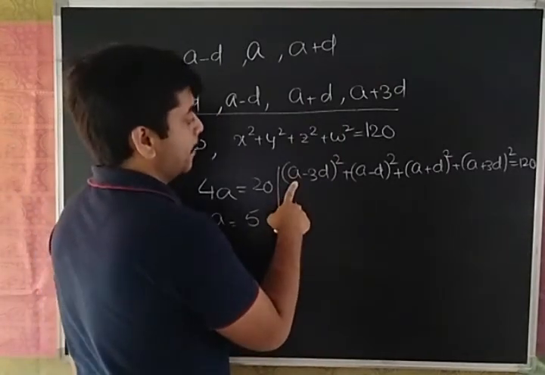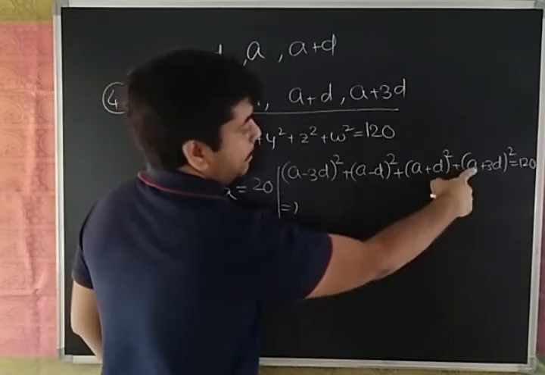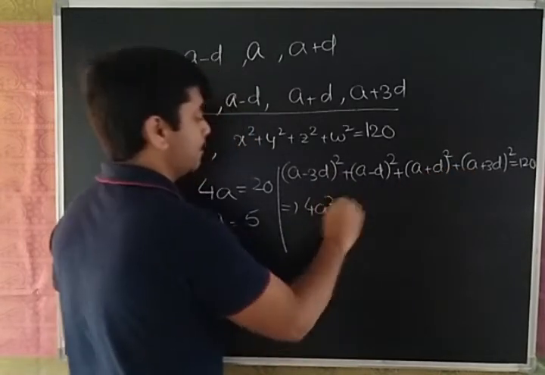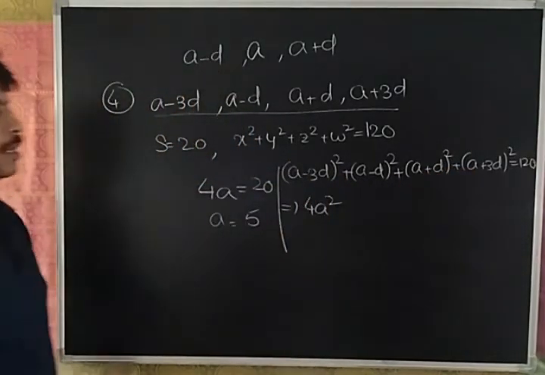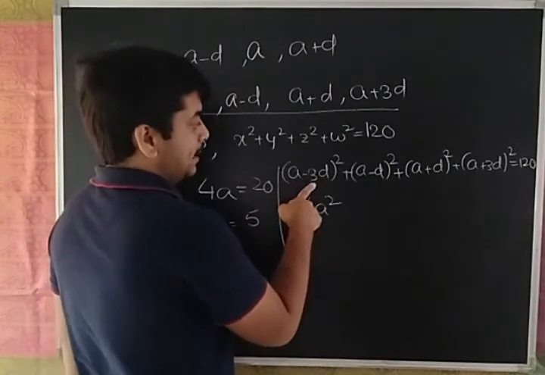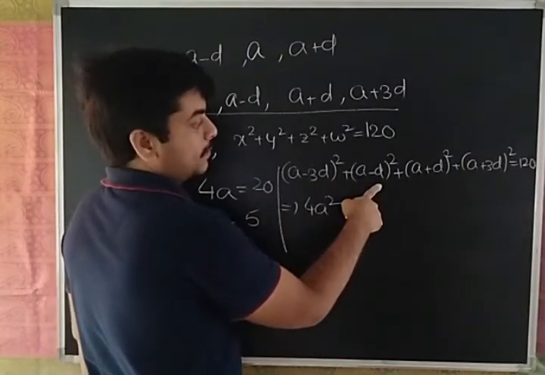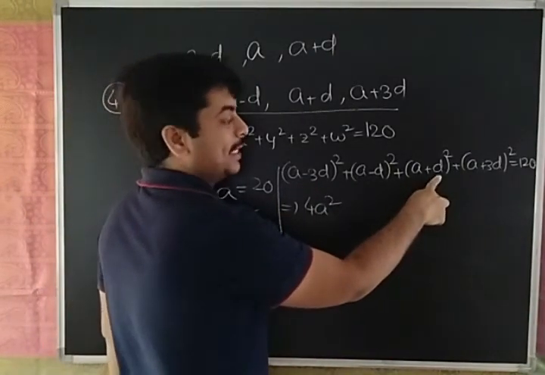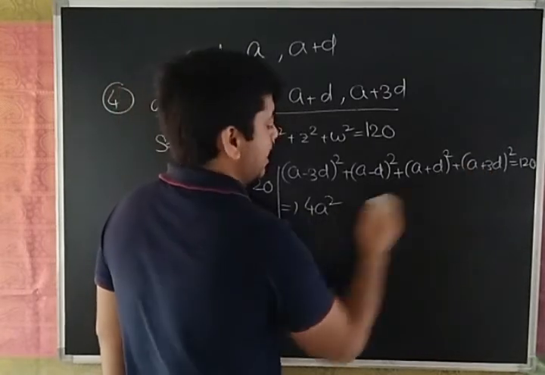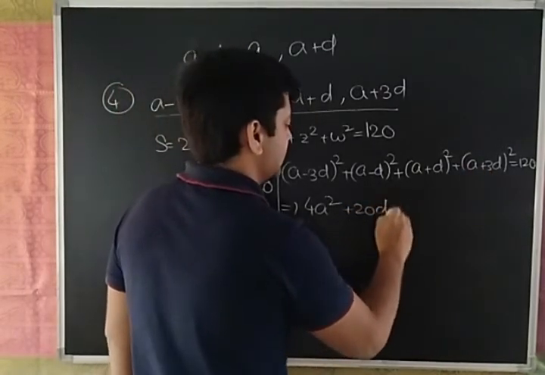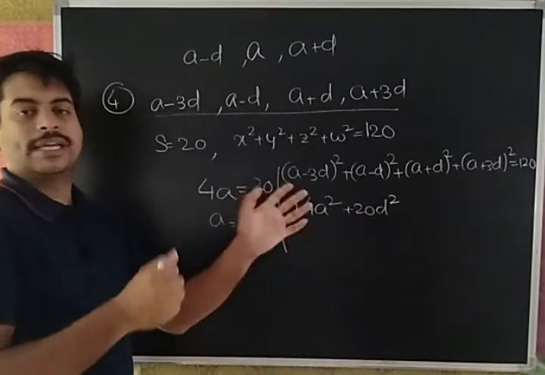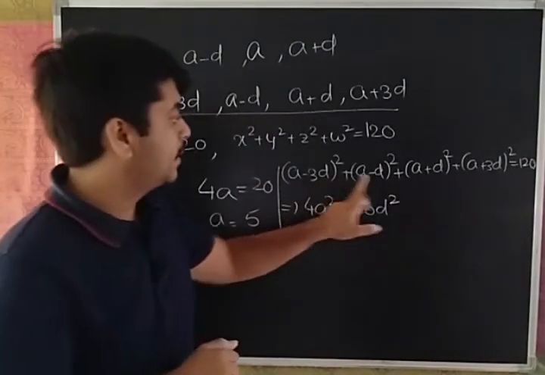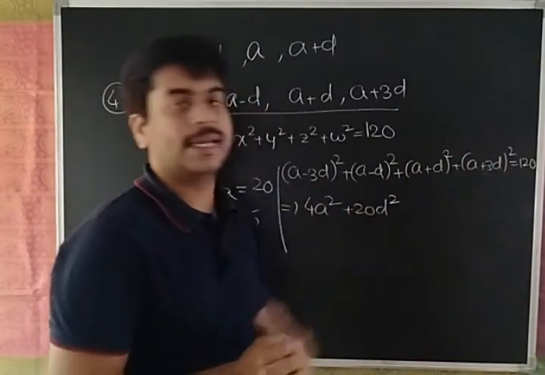A square plus A square plus A square plus A square, it is 4A square, correct. Plus 9D square plus D square, 10D square, plus D square, 11D square, plus 9 again, it is 20D square.